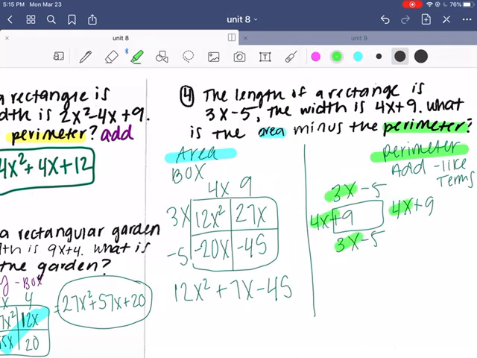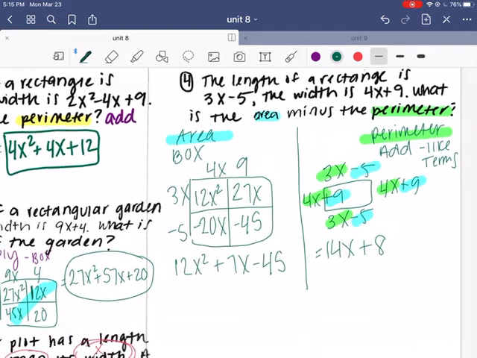Right? So like terms, here we go. X, X, X, and X. And constant, constant, constant, constant. Watch those signs. 8 plus 6 is 14x. And then 18 take away 10, or 9 plus 9 minus 5, is positive 8.